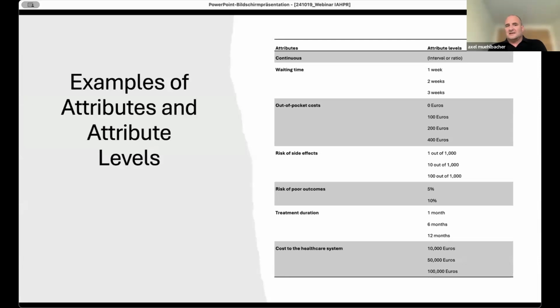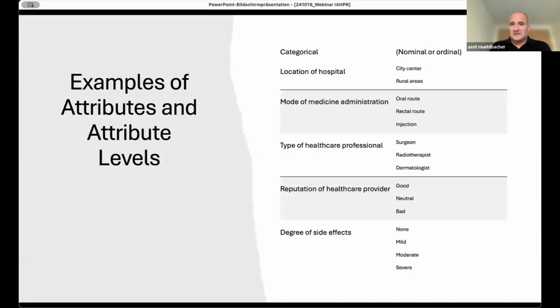We discussed examples of attribute levels, and that's where it gets deeper and deeper into the rabbit hole. The easy one is waiting time, 1 week, 2 weeks, 3 weeks, out-of-pocket cost, risk of side effects. And I did explain the levels according to the attributes, for example, treatment duration, 1 month, 6 months, and 12 months.